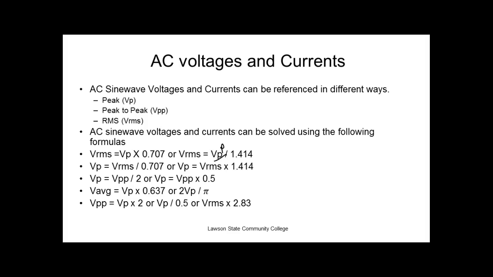No, that's right. Oh, I'm sorry. I didn't see my formula. I made a mistake. So VRMS, you could take V peak and divide it by 1.414. Or you take V peak and multiply it by 0.707.